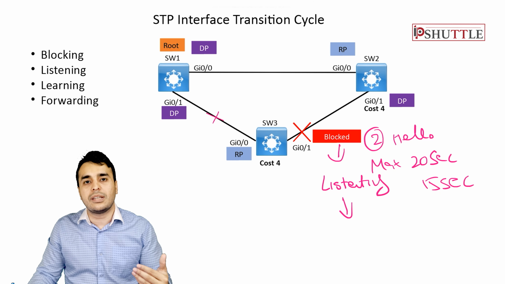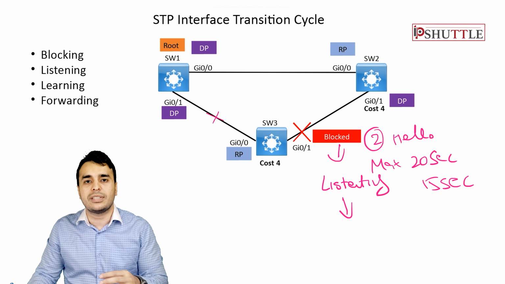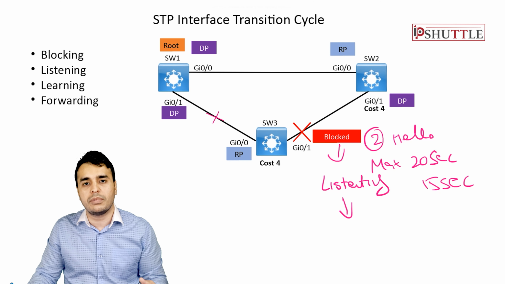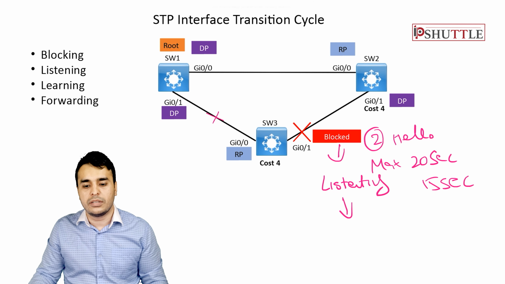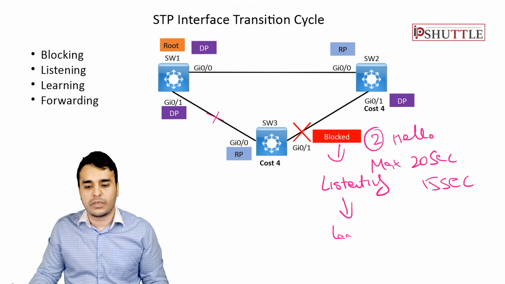The next mode is learning. In learning mode, I will be flushing out my MAC address table entries which are aging. I will be removing all those entries, and now I will start changing the mode from learning to forwarding.